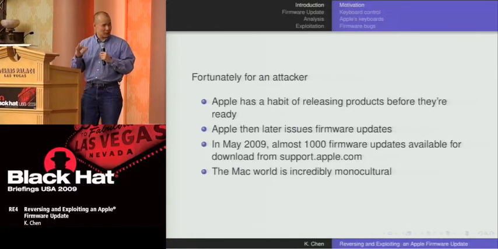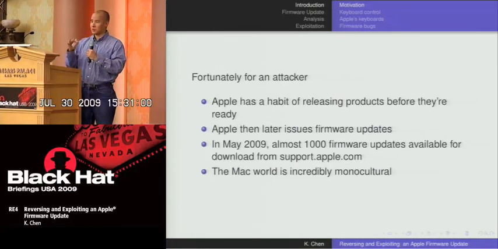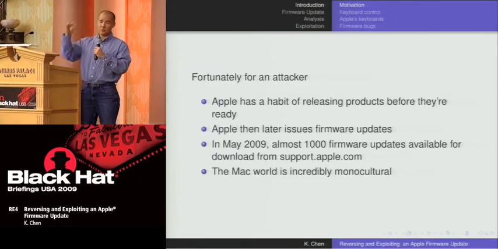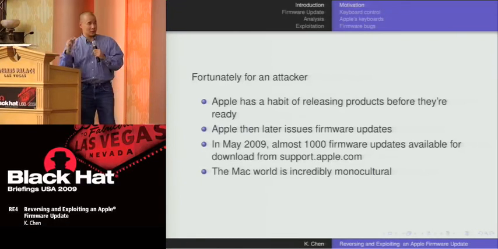Another point is that the Mac world is very monocultural. If you take over some Windows box, a priori you don't know what that box is. It could be an Asus, an Acer, a Dell, a Lenovo, a Toshiba, whatever. You don't know what it is.